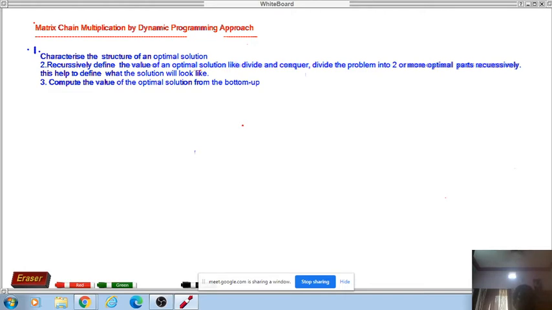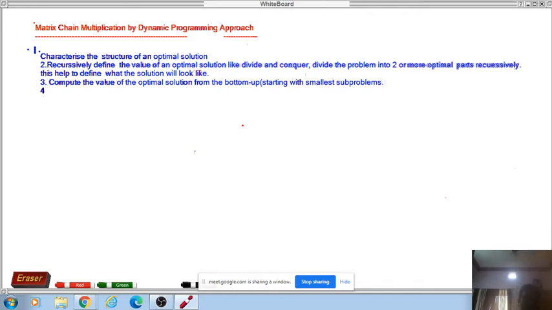Starting with the smallest subproblems. We will take a problem and solve it. It is very easy to understand.